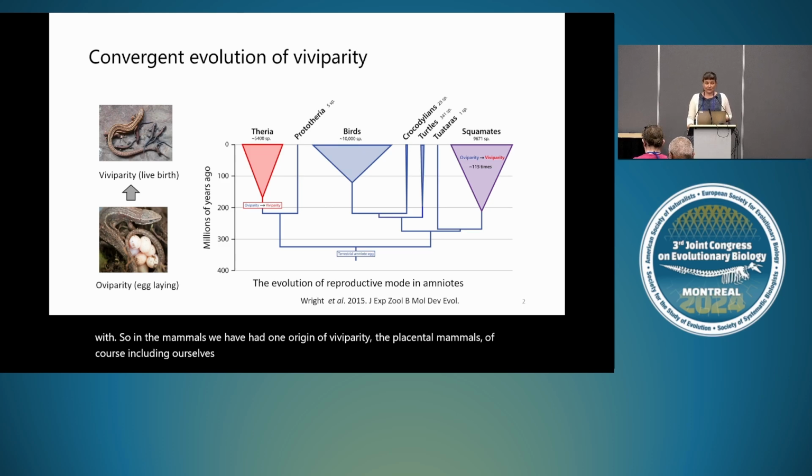Birds have always stayed oviparous. But squamates are an incredible system because they have maybe more than 100 independent origins of viviparity. And so we can make comparisons between closely related taxa without a lot of loss due to evolutionary distance.